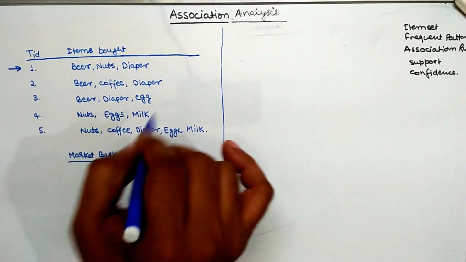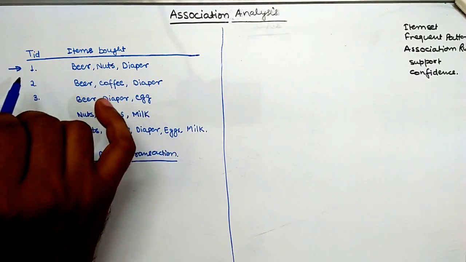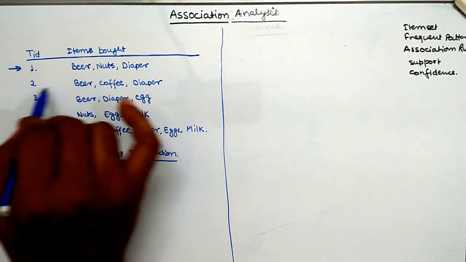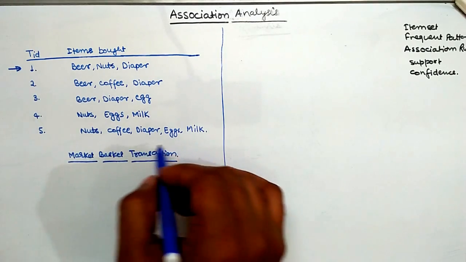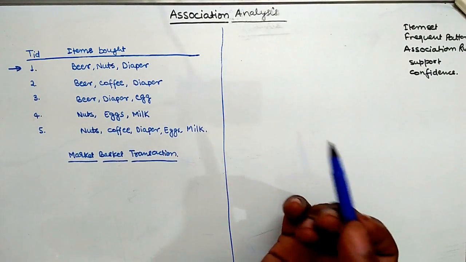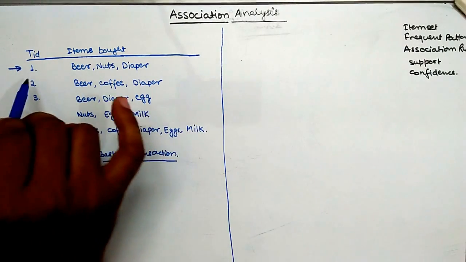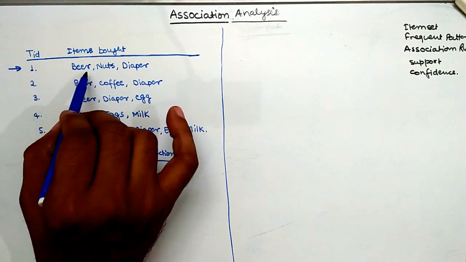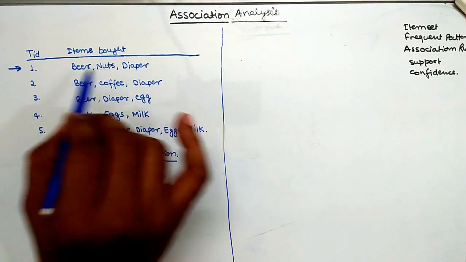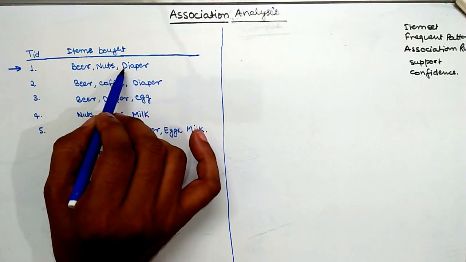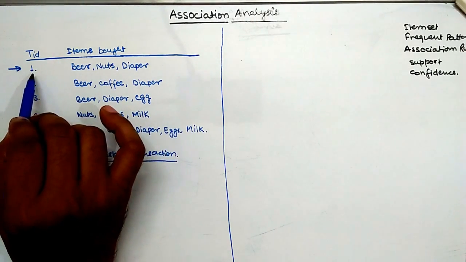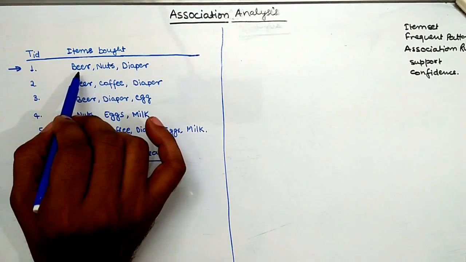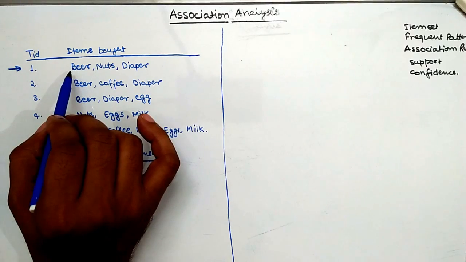So this is a snapshot of the database in which the first transaction contains 3 items, the second contains 3 items, the third contains 3 items, and the fifth transaction contains 5 items. The first transaction has beer, nuts, and diapers. These are the items purchased in this bill or transaction ID, and these items are known as an item set.